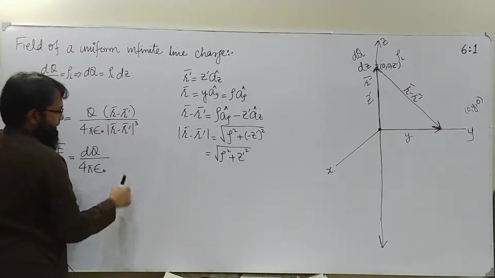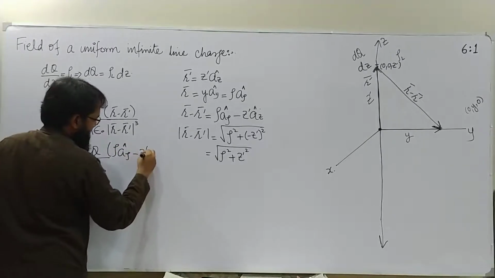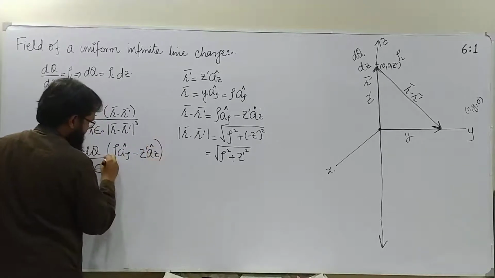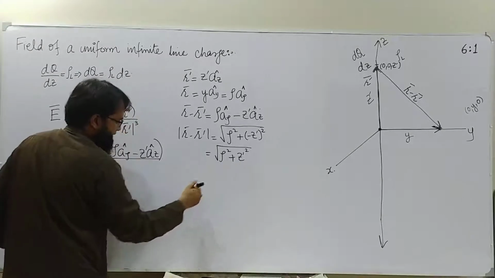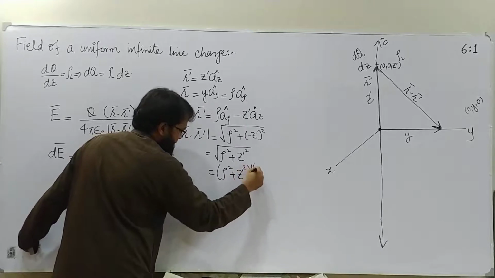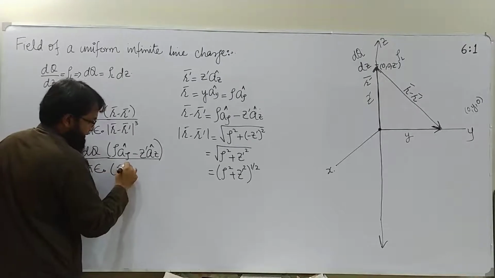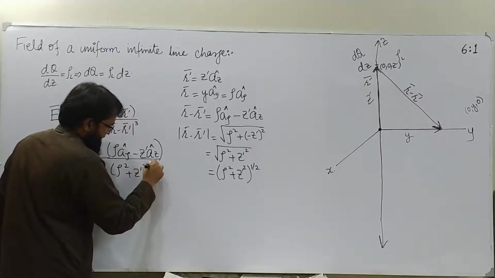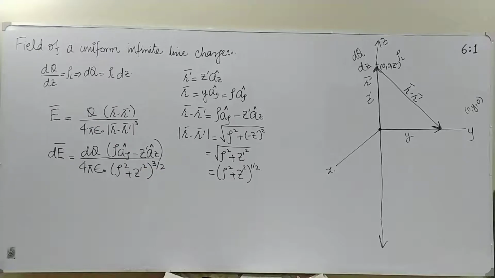In place of r minus r prime, we can write rho a rho minus z prime az, and in the denominator, in place of the cube of the magnitude, we can write rho square plus z prime square raised to 1 upon 2, times 3, meaning we have taken the cube. I hope you're able to see it, and yes, you are able to see it.